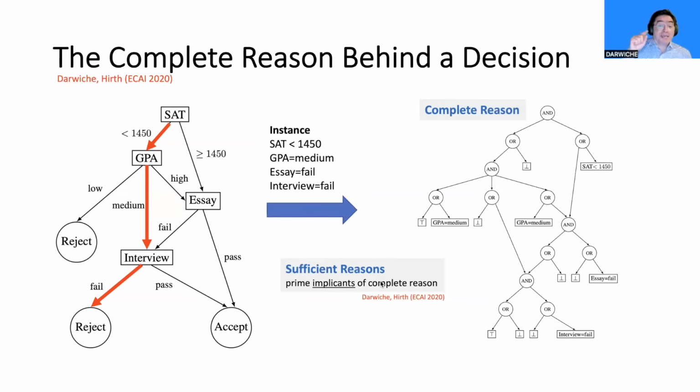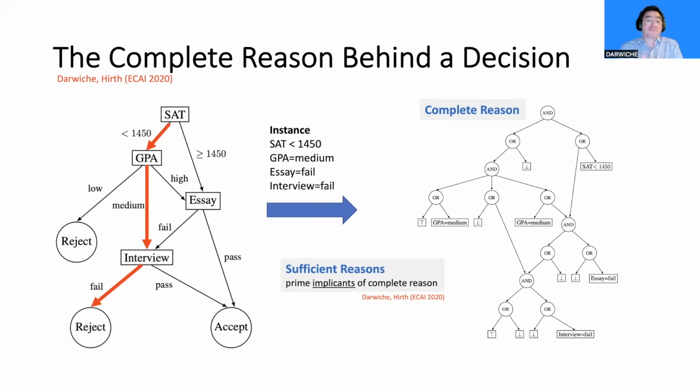Okay. Now, I'll tell you about something that came later, and maybe this is a question that you'll be asking. So, okay, I compute the prime implicants of this guy, and they turn out to be the sufficient reasons. What if I compute the prime implicates?